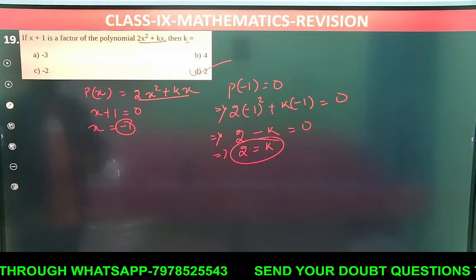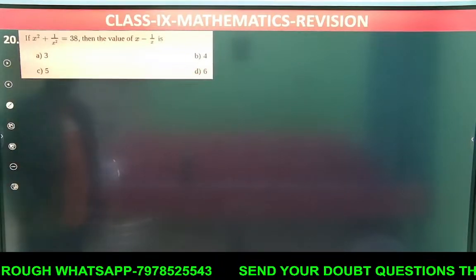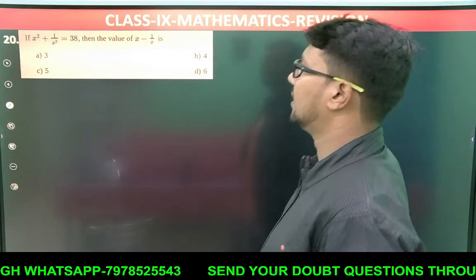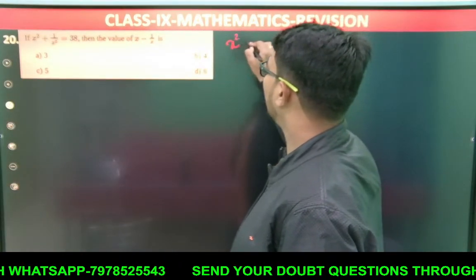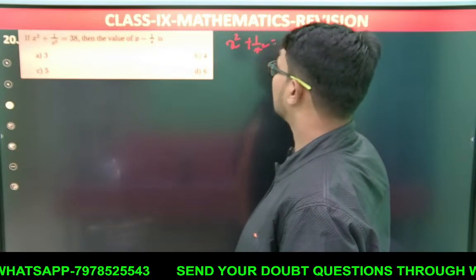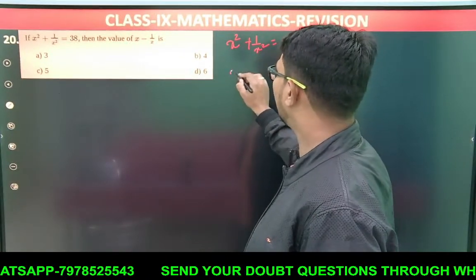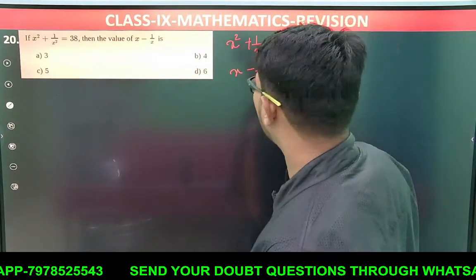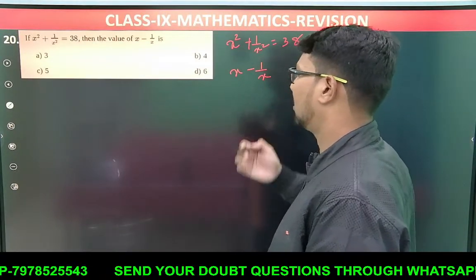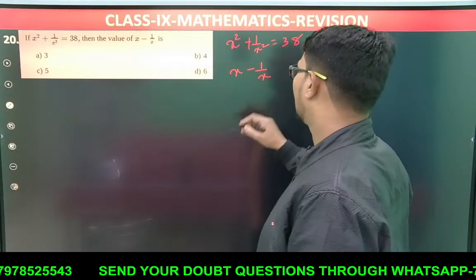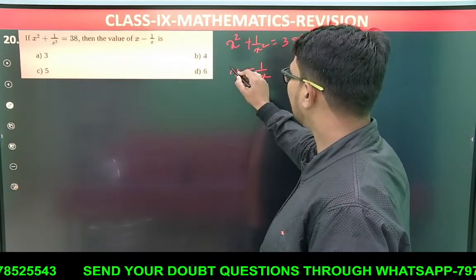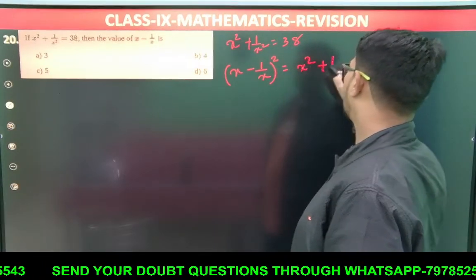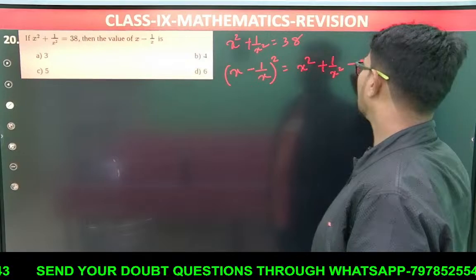Let us move to the next question, which is the last question of this session. It is saying if x square plus 1 by x square is equal to 38, then find the value of x minus 1 by x. This is from the chapter polynomials. We know x minus 1 by x whole square is x square plus 1 by x square minus 2.